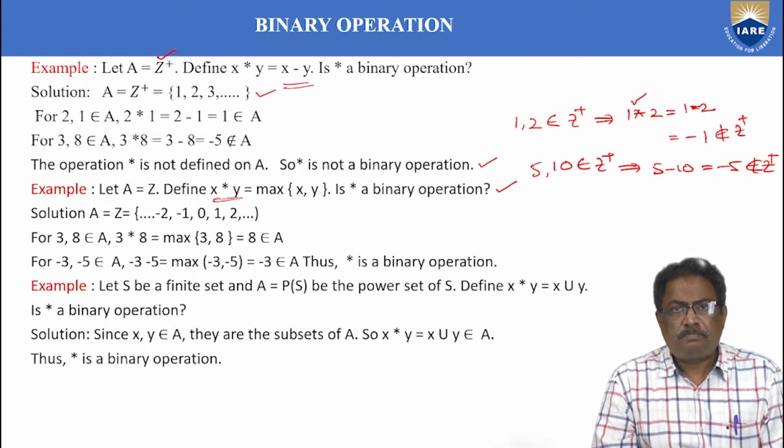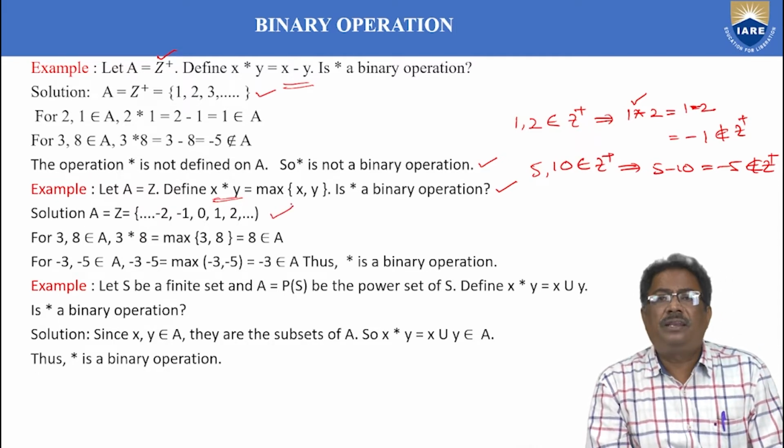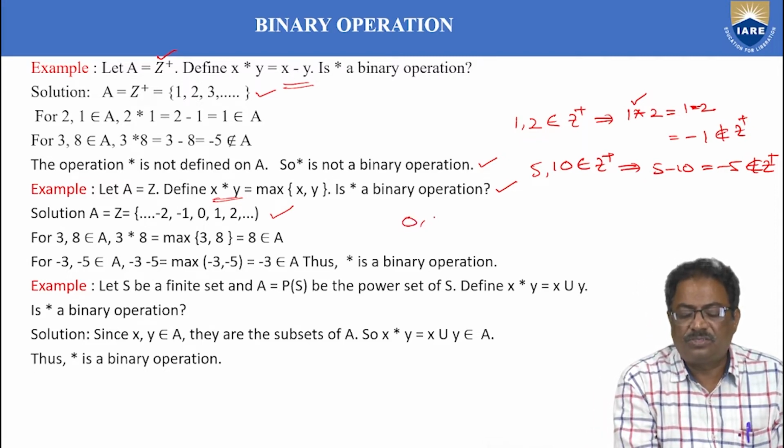So here I am just considering another one. Z is the integer set that I have to consider. Then any two elements, let us say 0, 6.